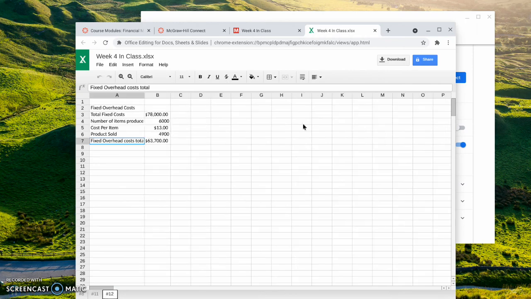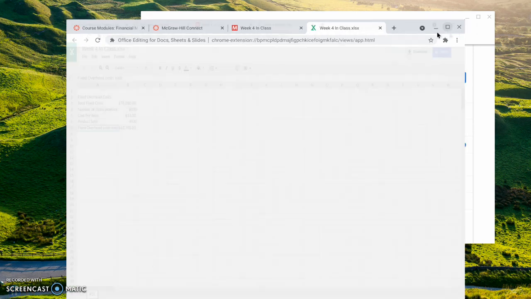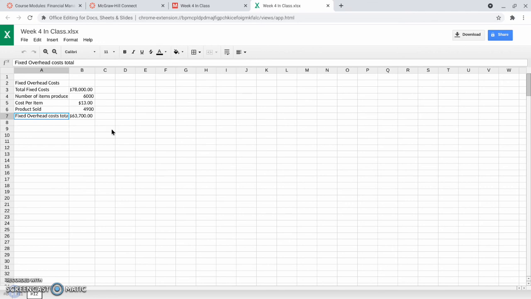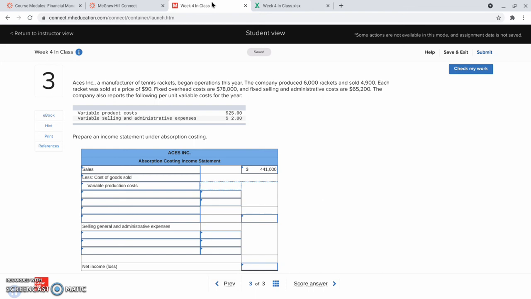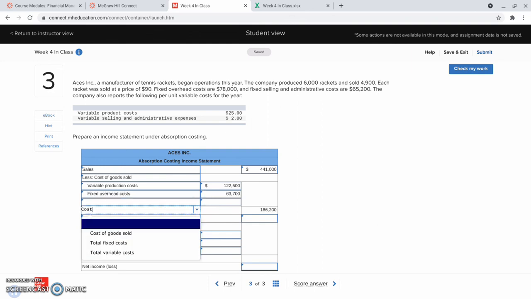Our variable production cost is 122,500. Our fixed overhead costs from the problem above is 63,700.